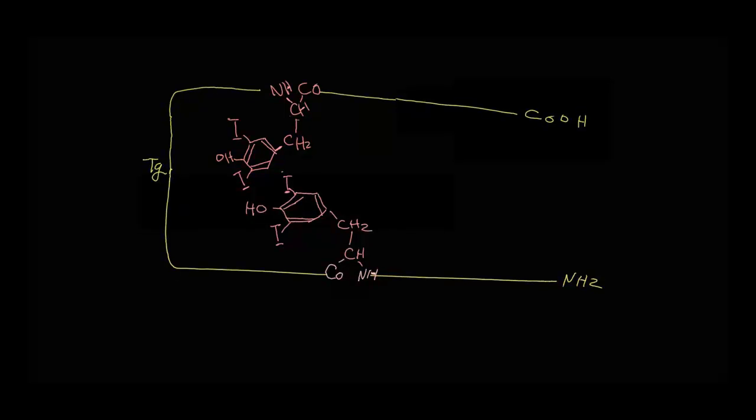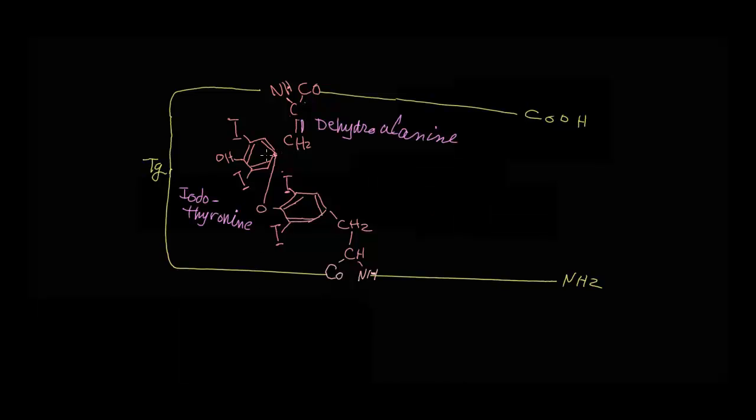A few steps then take place to have the 2 molecules linked as a quinol ether intermediate, followed by splitting of the quinol ether, and iodothyronine and dehydroalanine are formed.